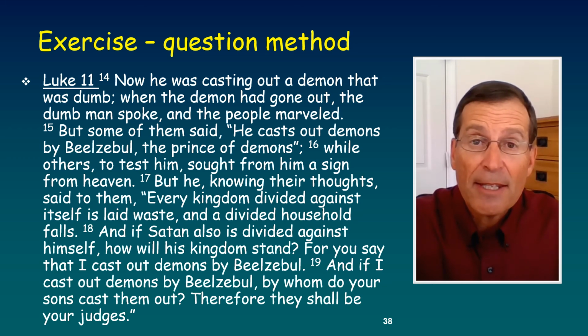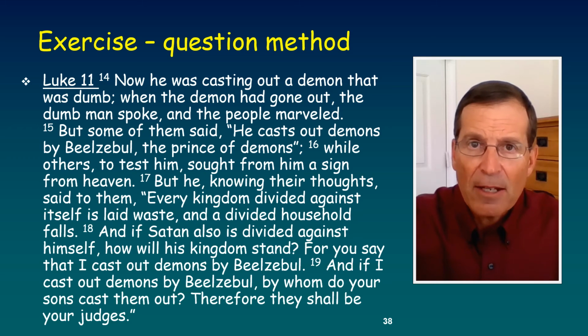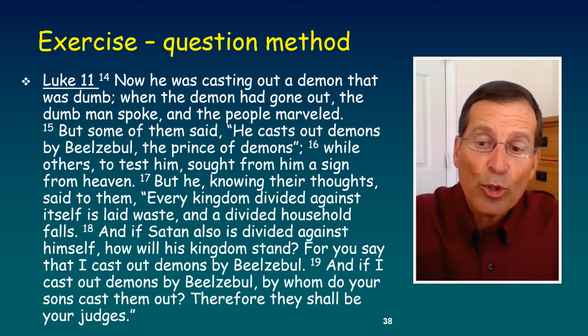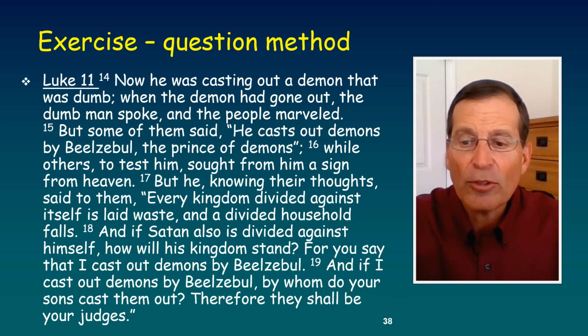So you could ask, is it possible or clear how a single person could be divided against himself? If that's not, GNT says, so if Satan's kingdom has groups fighting each other, that might be more clear.